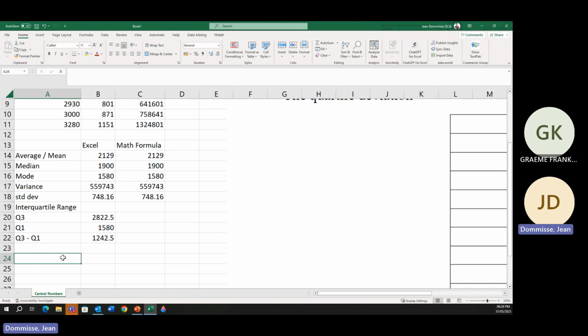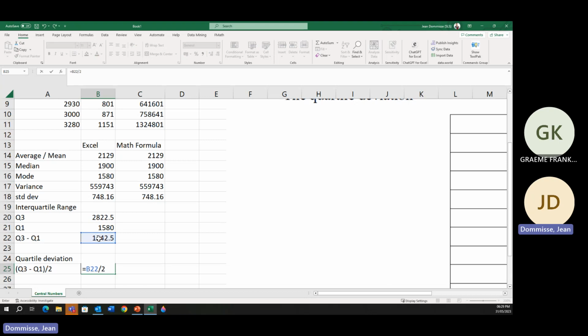What they call quartile deviation, I see there's a formula that says it is actually Q3 minus Q1 divided by 2.